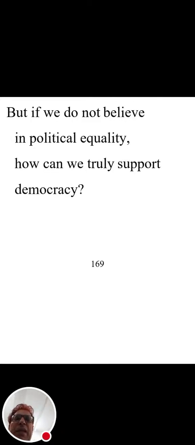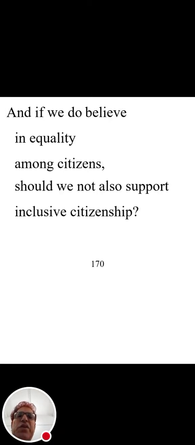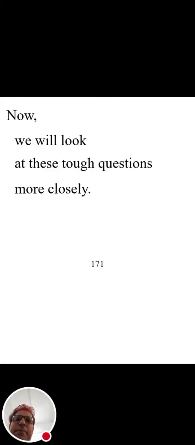But if we do not believe in political equality, how can we truly support democracy? And if we do believe in equality among citizens, should we not also support inclusive citizenship? Inclusive citizenship, when all the people living in the state are considered as citizens.